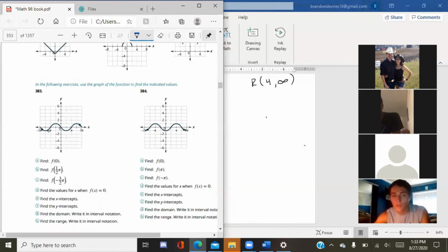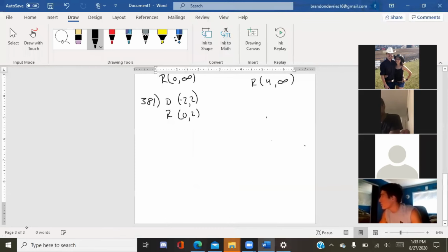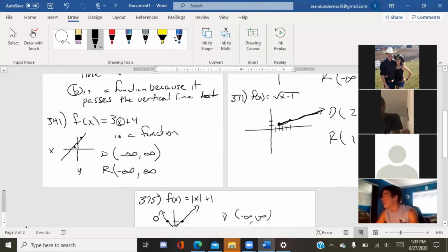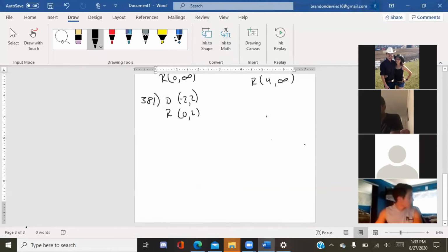It looks like there's an A through H. So let me write. I'm gonna use a new page because there's so many. Actually, no, I don't have to because I got the whole paper. 383, and then we'll do a.